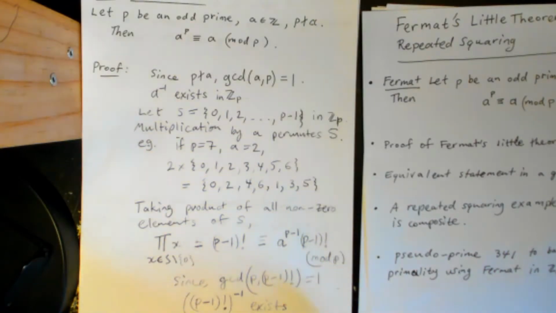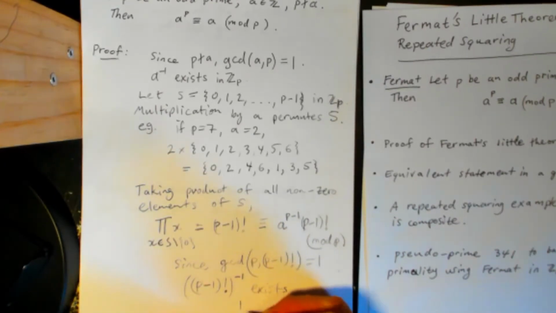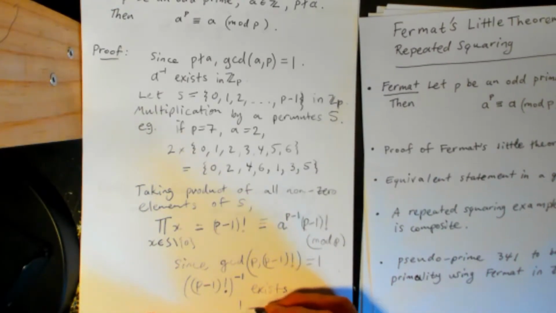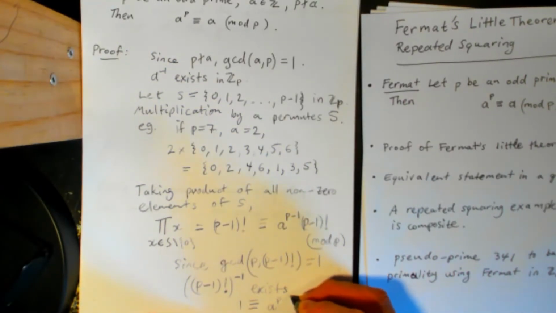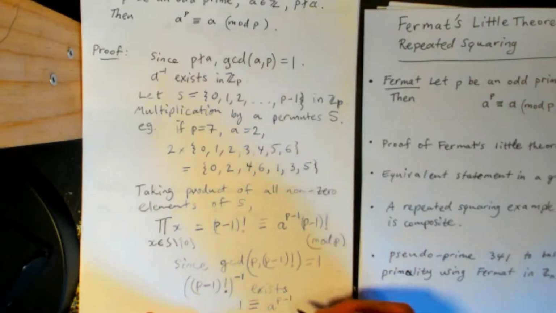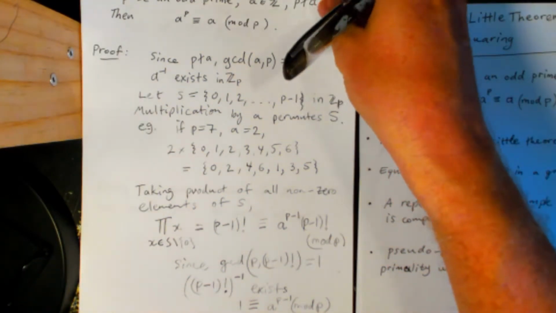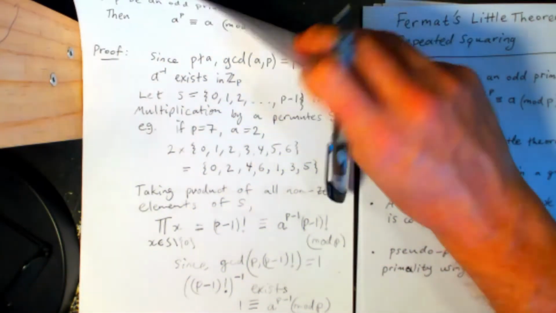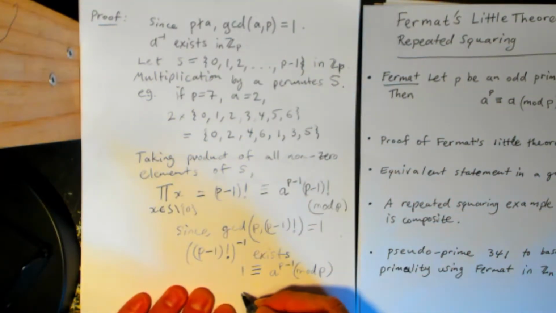And so now what we can do is multiply that in our congruence here. And when we do, we get 1 is congruent to a to the power of p minus 1 mod p. Okay, so what's left to do then is to just multiply this congruence that we've obtained throughout by a.